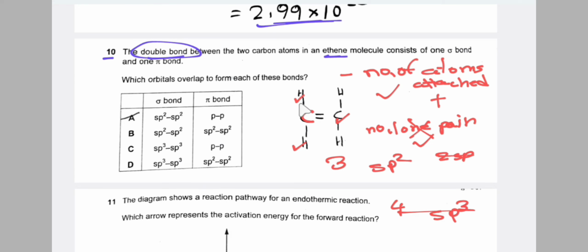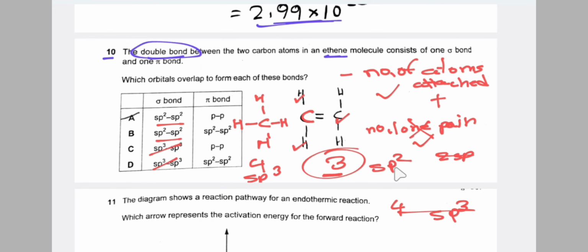So sp3 hybridization occurs when, suppose, this carbon is attached to 4 hydrogens: 4 atoms and 0 lone pairs, so 4 means sp3. But for now it is sp2 hybridized since it is attached to 3 atoms and 0 lone pairs.